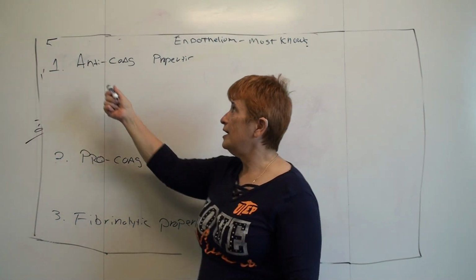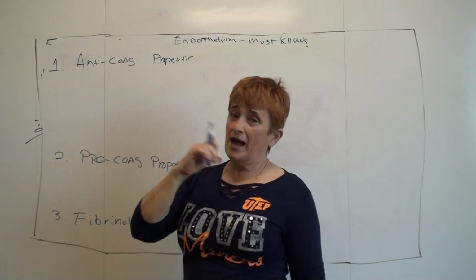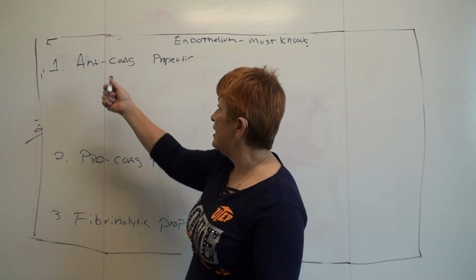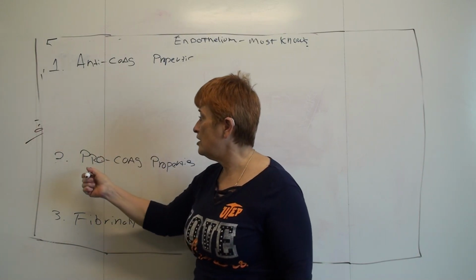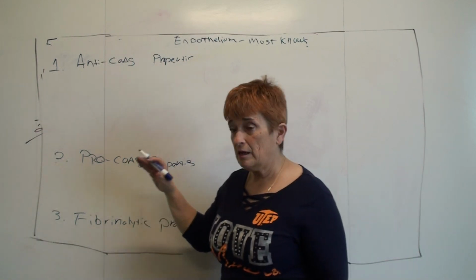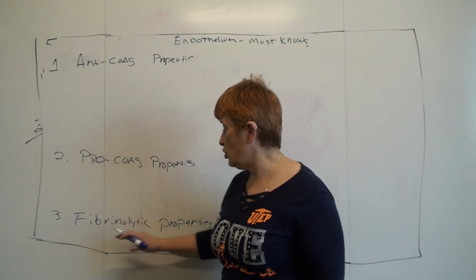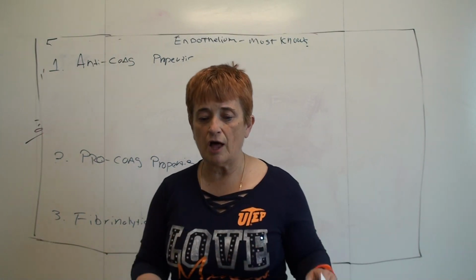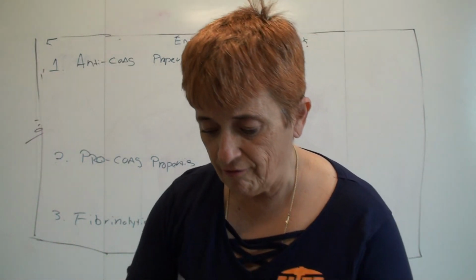And remember, anticoagulant does not mean that liquid stuff in your vacutainer tubes. Then it's got procoagulant properties, meaning it's going to help it clot, and then fibrinolytic properties, which means it's going to make the clot dissolve.